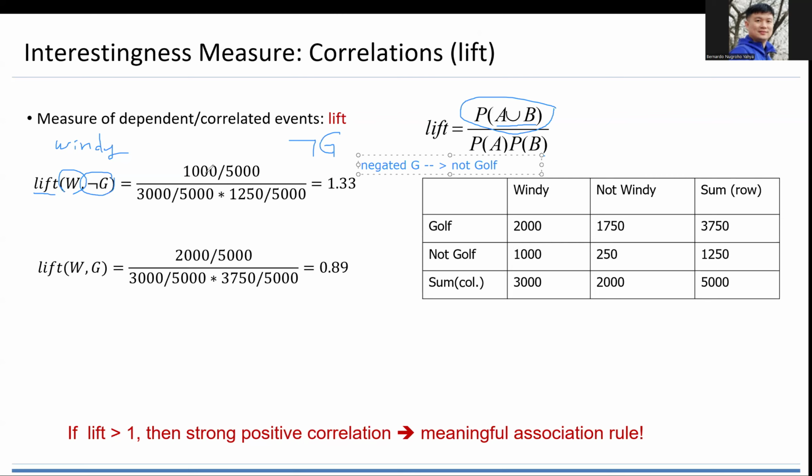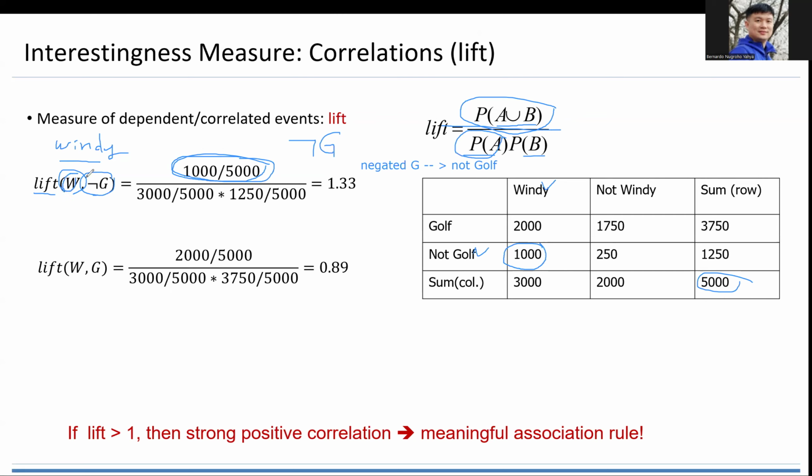In this case, we look at the probability when it is windy and not play golf. It is 1,000 divided by the total data, 5,000, and divided by the probability of A. What is A?